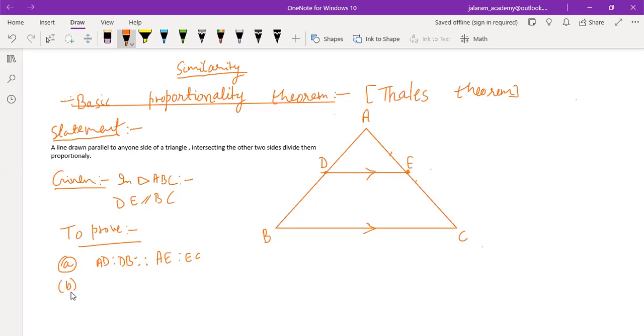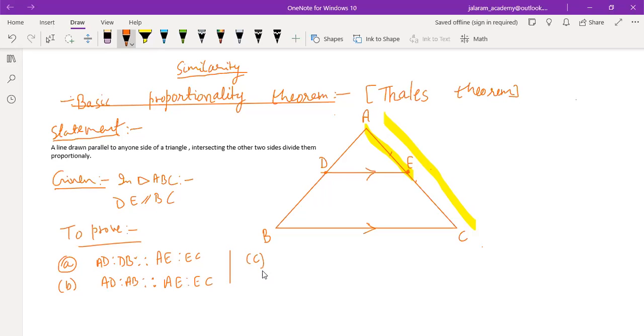It is also dividing in the ratio AD is to AB, this AD is to AB full, equals to AE is to AC. Proportional means all their corresponding parts are proportional.